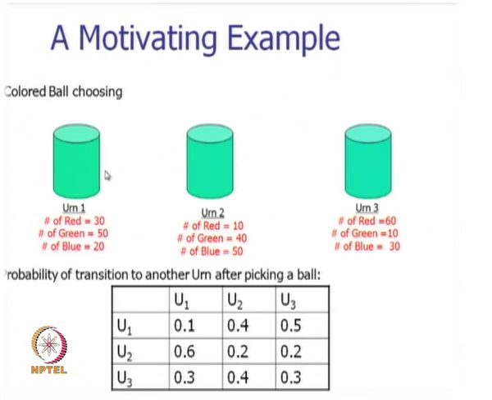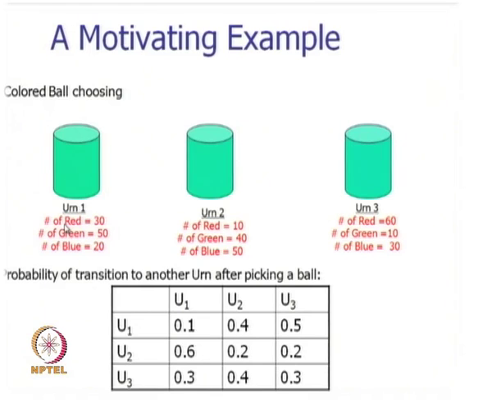And these 100 balls again are of different colors. For example, in urn 1, we have 30 red balls, 50 green balls and 20 blue balls. Similarly, in urn 2, 10 red balls, 40 green balls, 50 blue balls. In urn 3, 60 red, 10 green and 30 blue balls.